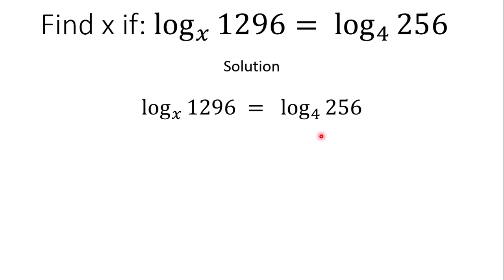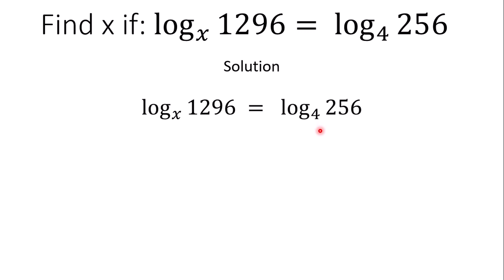But here we are not using any calculator, so we are going to convert this one to its lowest form. Using the calculator always helps you know how you are going to reduce this one, how you are going to find the numerical value for this. Okay, so 256 here, the base is 4.